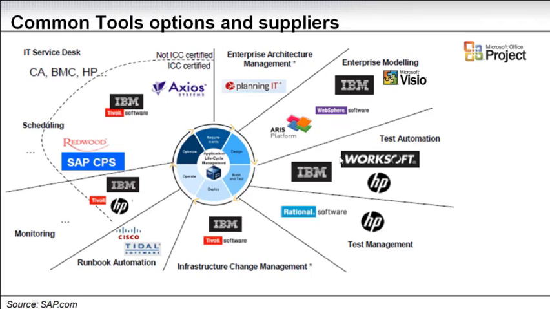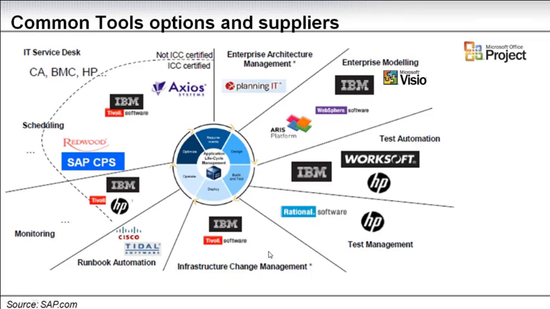Test automation, there's a number of options available. The most popular one has been integrated into IBM and HP through acquisition. So explore with them if it's testing you want to get automated. Test management, again, Rational is under IBM and HP has offerings. Infrastructure change management, IBM is mentioned here.